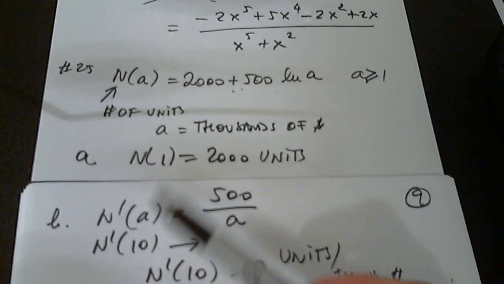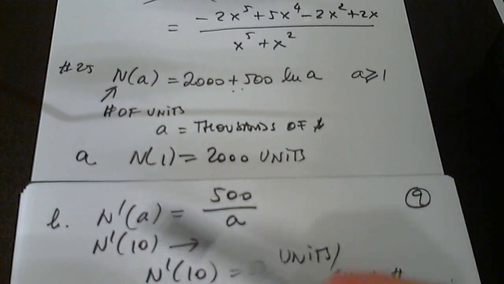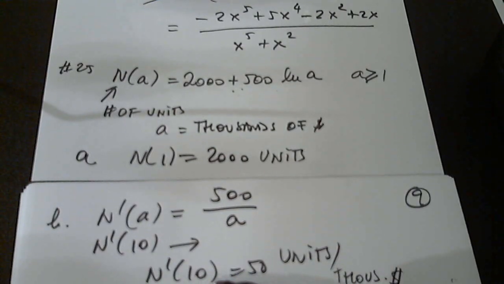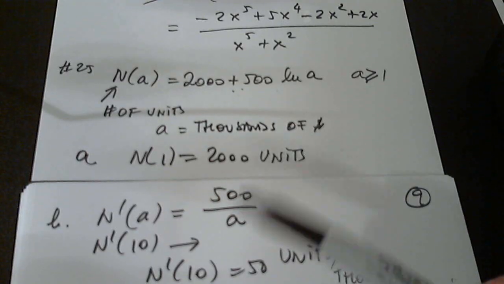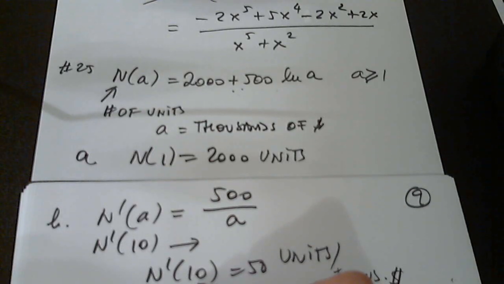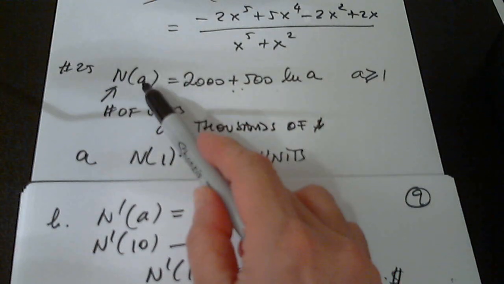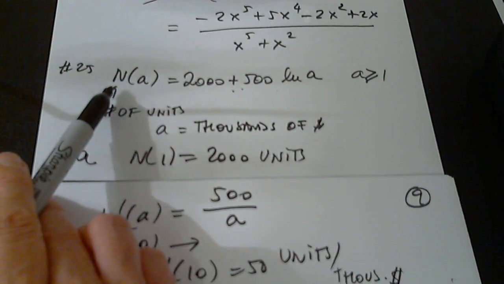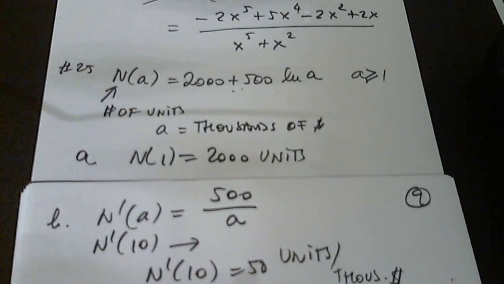We didn't determine N of 10, but we can. But what does N prime of 10 represent? So when we spend $10,000 on advertising, then the number of units increases by 50. Okay, any questions?